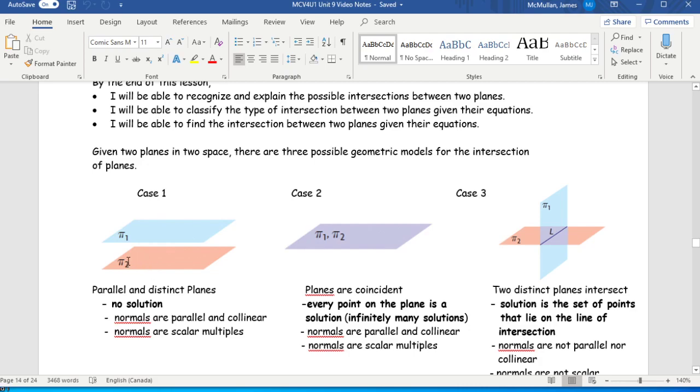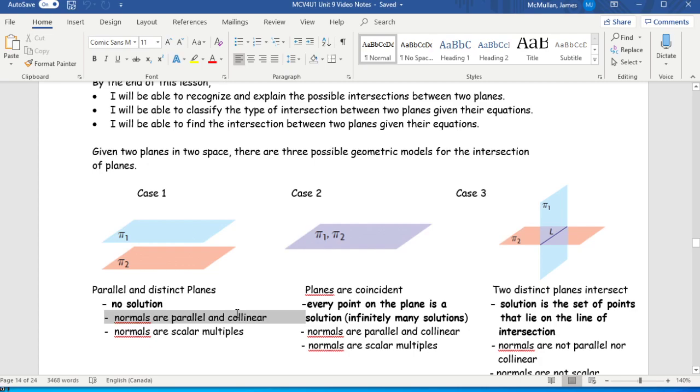If you think about this as like two floors, like the second floor of St. Marcellinus and the first floor, they are parallel to one another and they never meet, right? The first floor and the second floor would never intersect. You need to take the stairs or the elevator to get from one to the other, but you can't just keep walking on the second floor and then get to the first floor. At least, I suppose you could fall off the side of it, but you get my point.